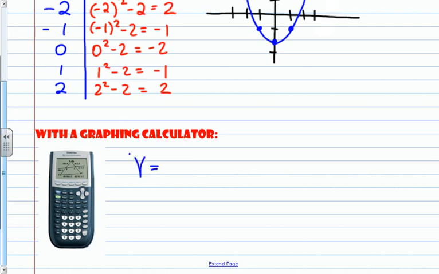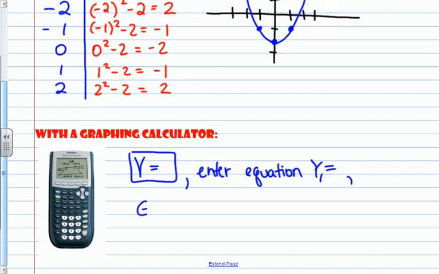You're going to hit the y equals button, and then you're going to enter the equation where it says y1. And usually that's the very first one. It should be, anyway. And then you're going to hit the graph button.